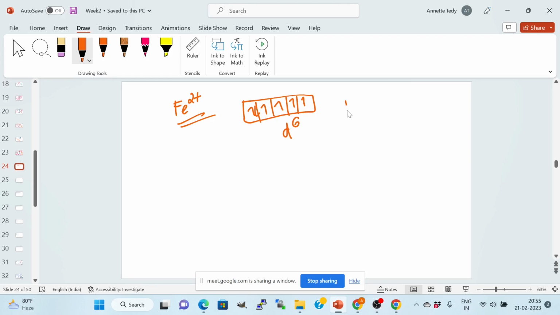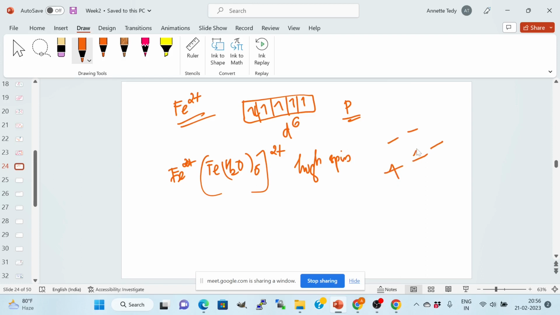So in this case, one pairing energy is there. So if I form a complex, [Fe(H2O)6]2+, this is a high spin complex because water is a weak field ligand. So in this case, I have something like this.